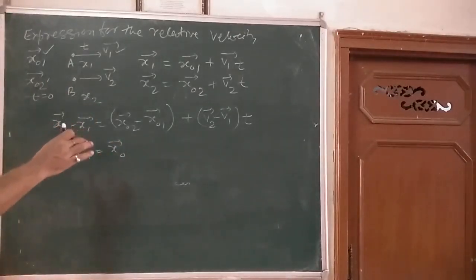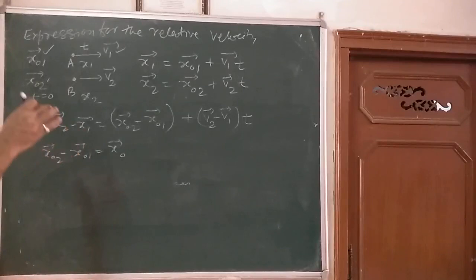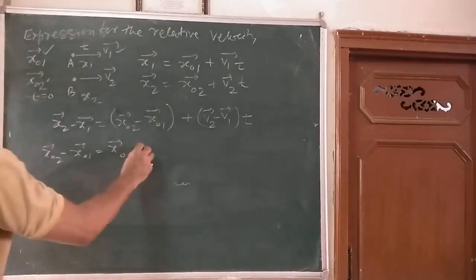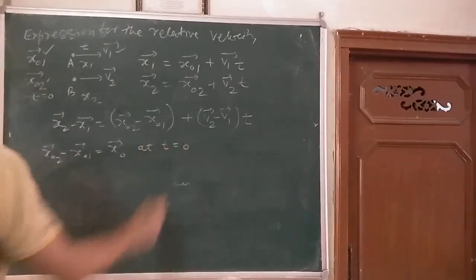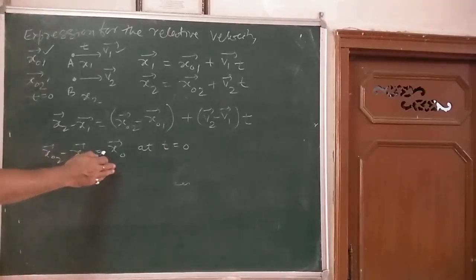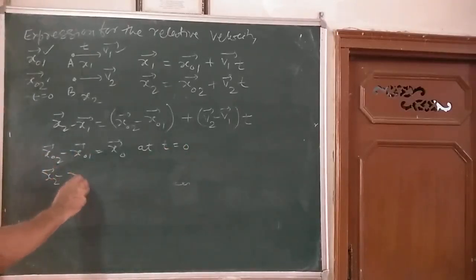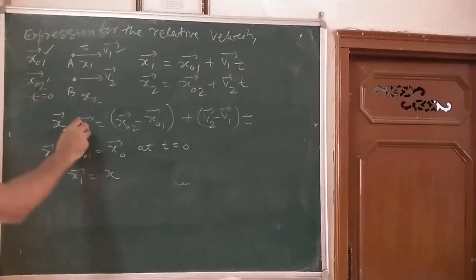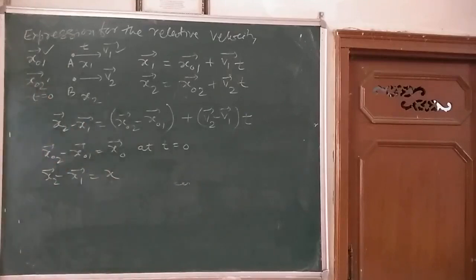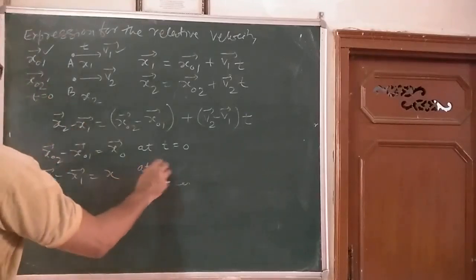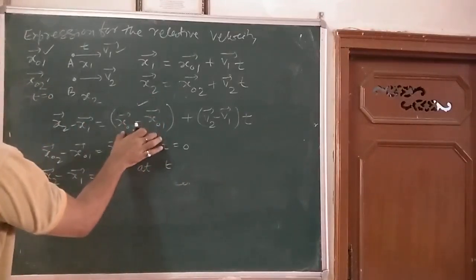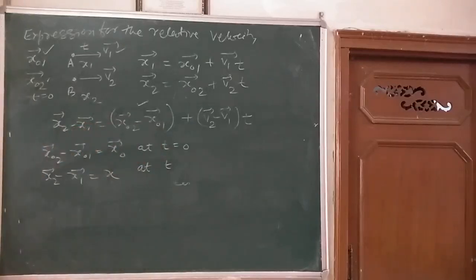It is the initial displacement of the object B with respect to object A at the time t is equal to 0. In its place I can write this. Similarly, x2 minus x1 is the displacement of the object B with respect to object A at a time t. Initially both were at this position, later this position came at the time t.